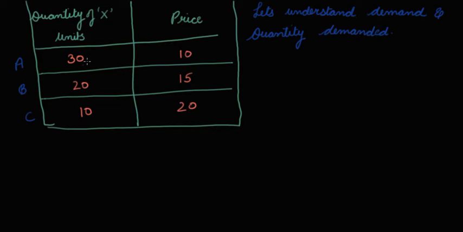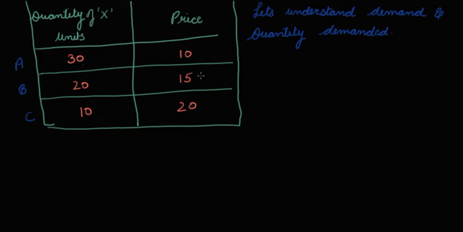Let's take an example. If a samosa costs you rupees 5 per samosa and you have 20 rupees in your pocket, you can buy 4 samosas. If this samosa is x and the price of a samosa is 10, you can buy 30 samosas at that price.